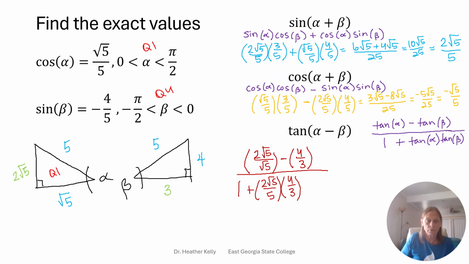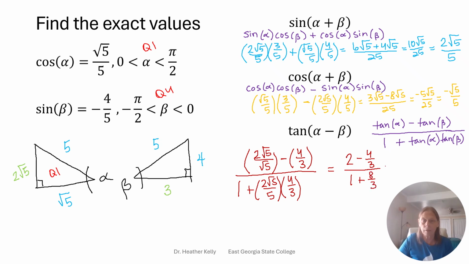Okay, let's see what we can get here. So 2 root 5 over root 5 is just 2, minus 4/3, over 1 plus 8/3.